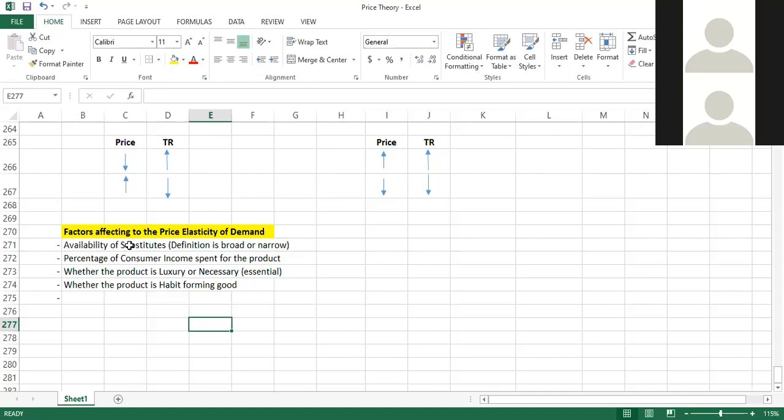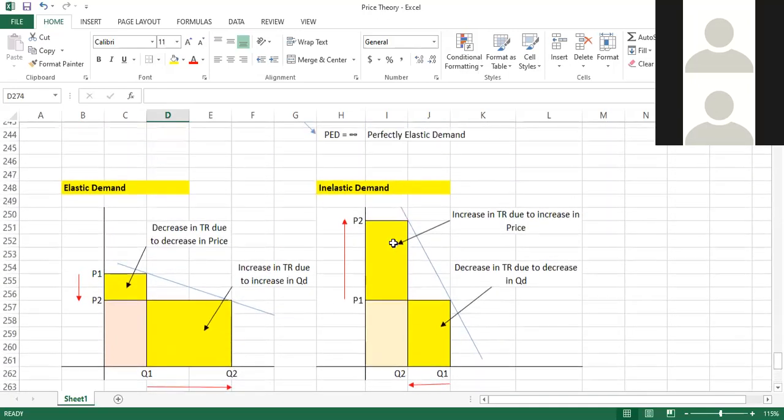When someone asks a smoker, why are you smoking? No reason. Using as a habit. So they don't consider the price, not responding to price. Whatever the price, they will buy the product. They will sacrifice any other product to buy that particular product. So that's why a product used as a habit will have inelastic demand.